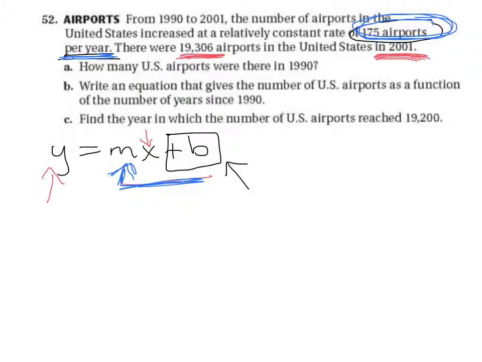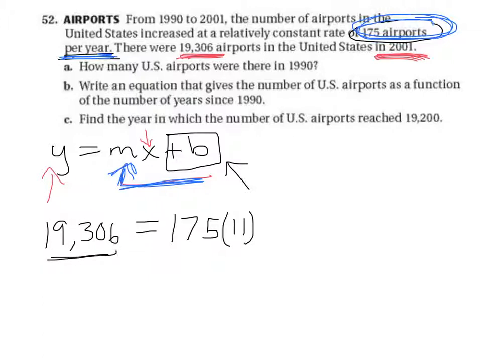And I know that the number of airports was 19,306. After having changed 175 airports for 11 years, it ended up with this number over here. But it had to start somewhere. So let's do the math.